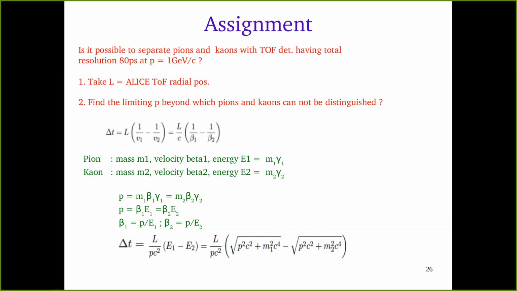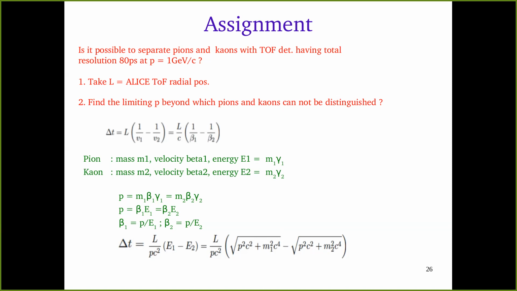You can take a length, from the point of production to where they are intercepted at the TOF, equal to some ALICE TOF radial position, which, if I remember correctly, is about 3 meters, something of that order.